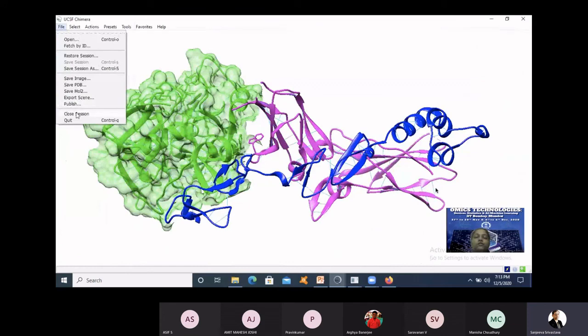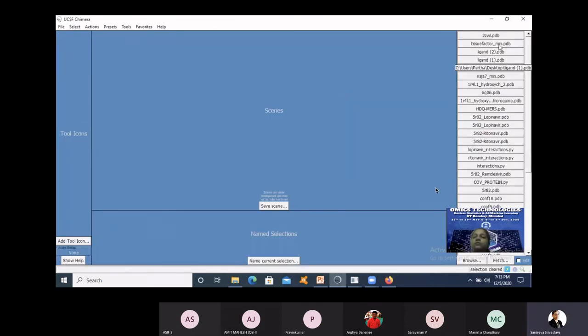Another feature of this software is, I'll just clean up the workspace. So suppose I have two proteins. I have the tissue factor which I wanted to dock.